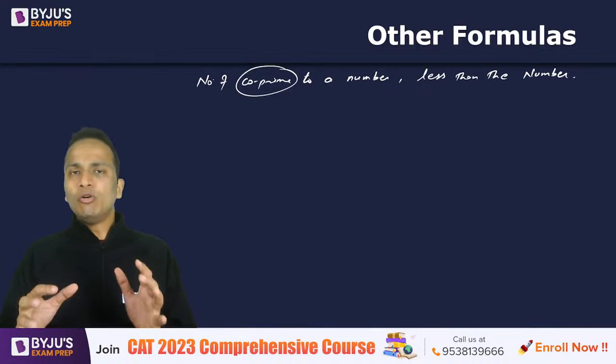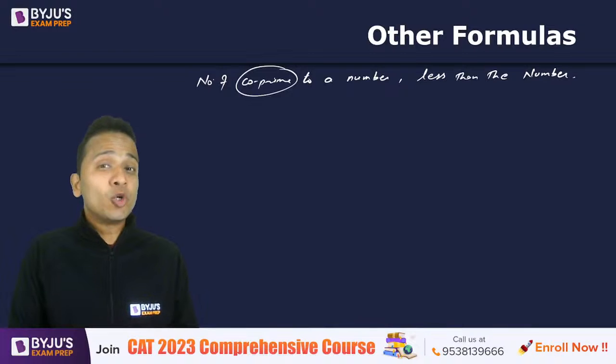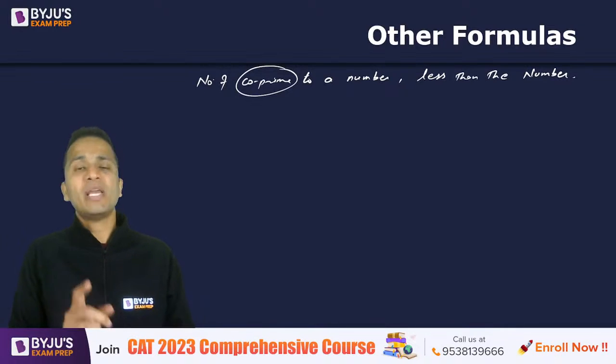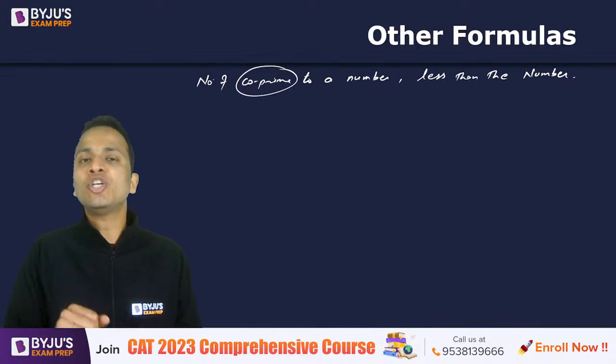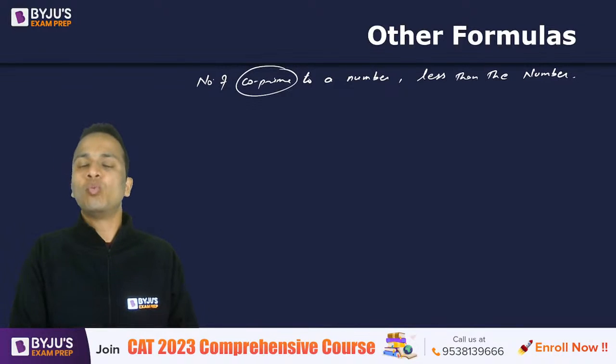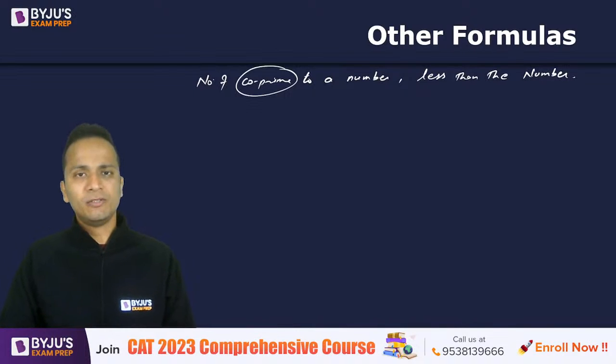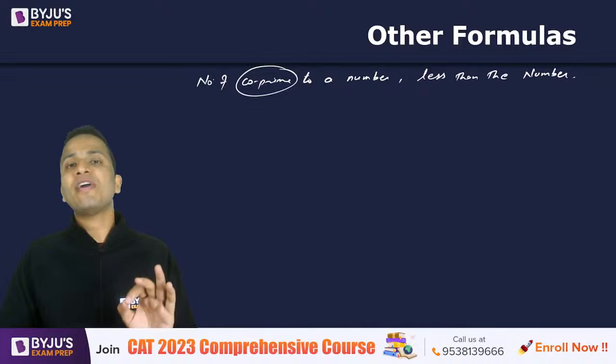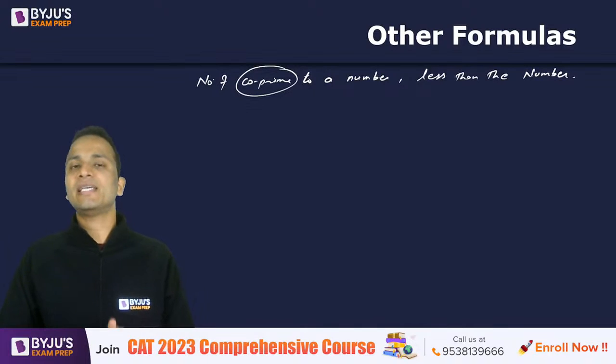Two numbers are said to be coprime with respect to each other if they don't have any common factor except one. I'll repeat, two numbers are said to be coprime with respect to each other if they don't have any common factor except one.